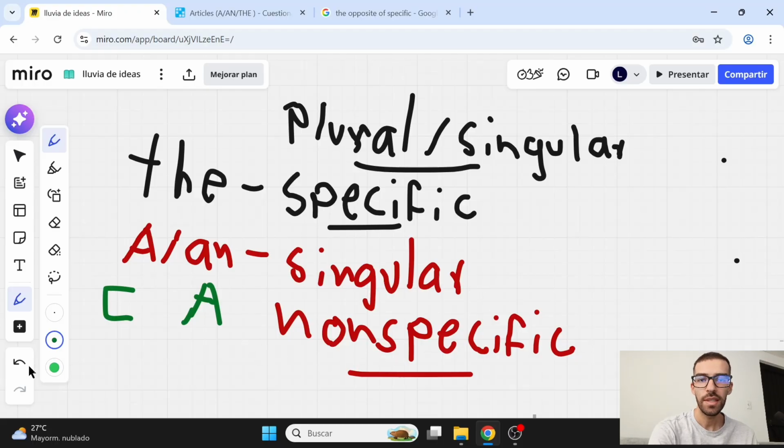And that's pretty much it. Now, this one, the, is more versatile because you can use the with plural and singular, for both. But it's only for specific things, it could be about an object, objects, or people as well. And that's the difference. So we use the for plural and singular and for specific information, and you use a or an if it is for a singular word, and non-specific. A if the word starts with a consonant, and an if the word starts with a vowel.